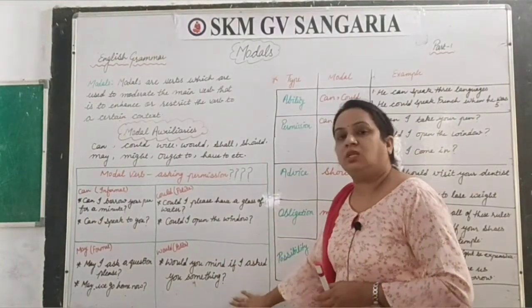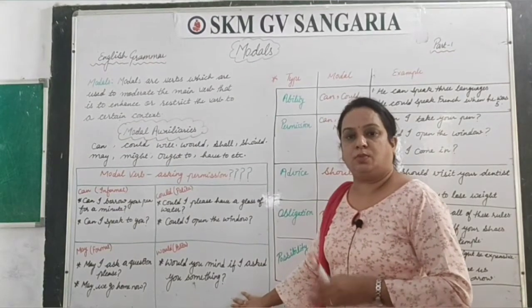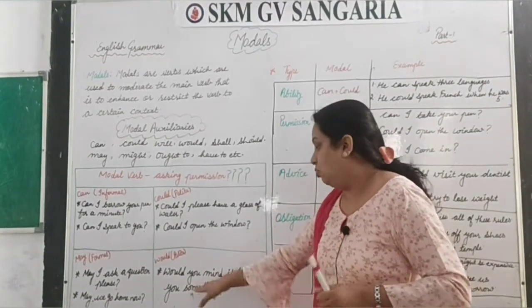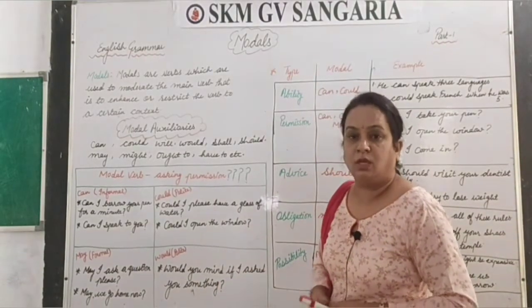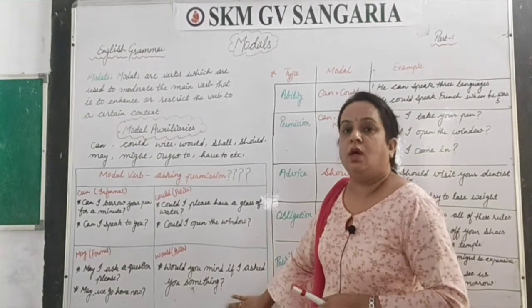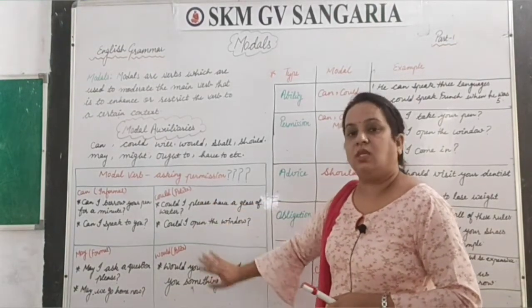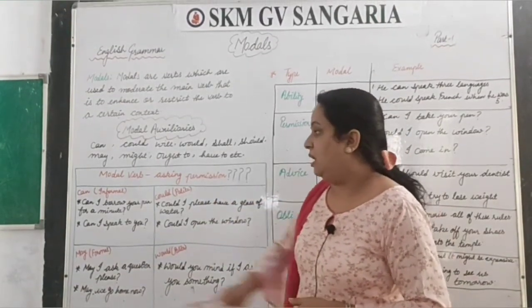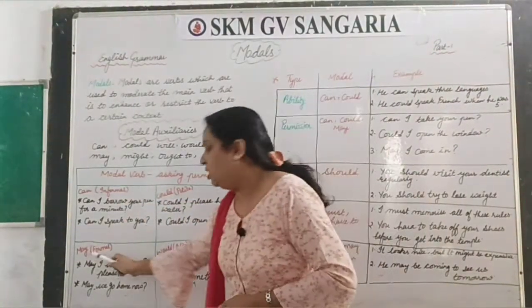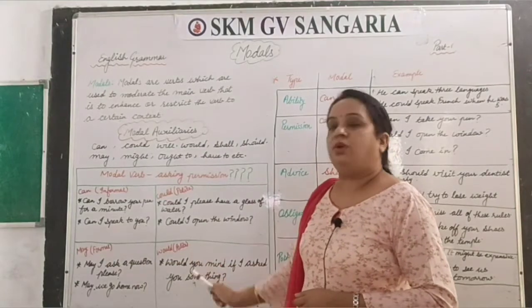That's a polite request if you want to take permission from someone. So this is the use of would for asking permission. Clear? So can, informal way; could, polite way; may, formal way; and would for a polite way.